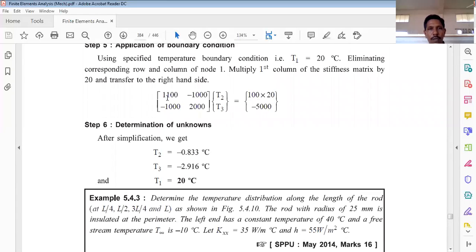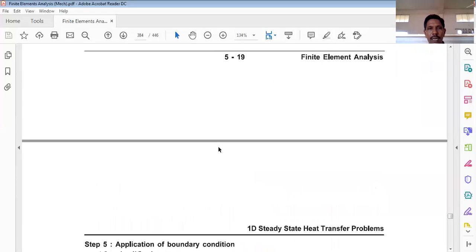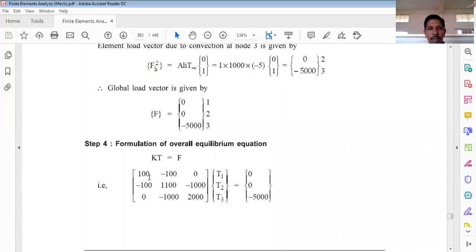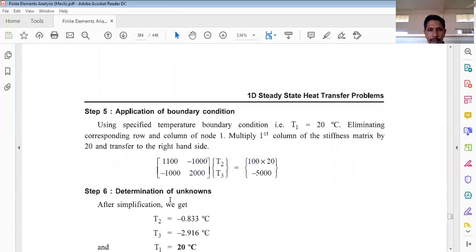Therefore, after eliminating the first row and first column, we are left with a 2 by 2 matrix of 1100, minus 1000, minus 1000, 2000 multiplying T2, T3, equal to 100 into 20, which is the magnitude of 100 multiplying T1, which needs to be transferred to the right side.